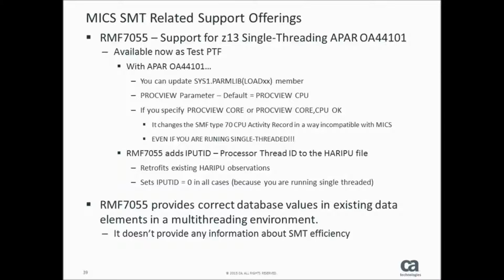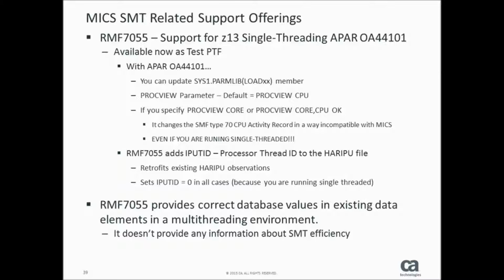Now, if you are running single-threaded and you change this parameter to PROCVIEW CORE or PROCVIEW CORE,CPU_OK, you're going to change the Type 70 records, even though you're running single-threaded, and MXG will break. MXG will not be able to properly associate all those sections in the Type 70 records. So you need MXG 33.55 if you do this. And what MXG 33.55 does is it understands the new Type 70 format, and it introduces the concept of IFA-TID 0 and 1.